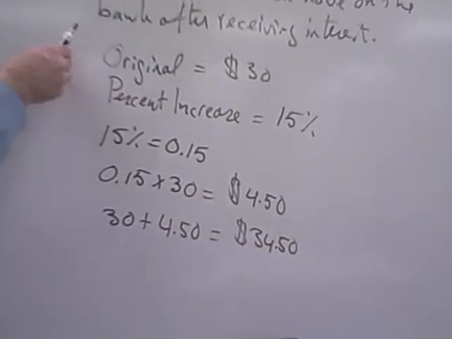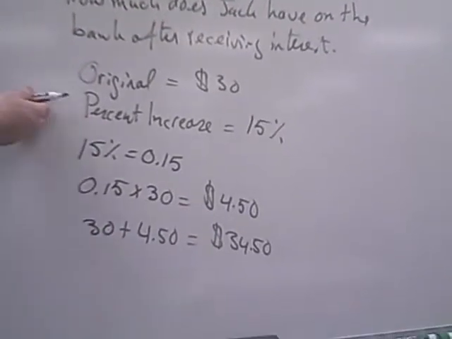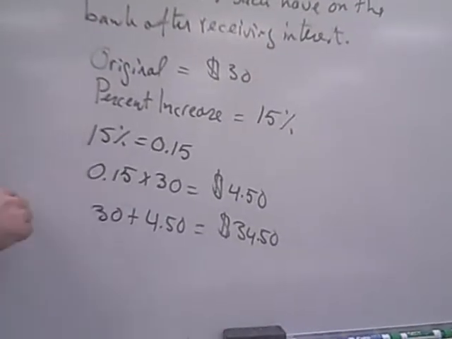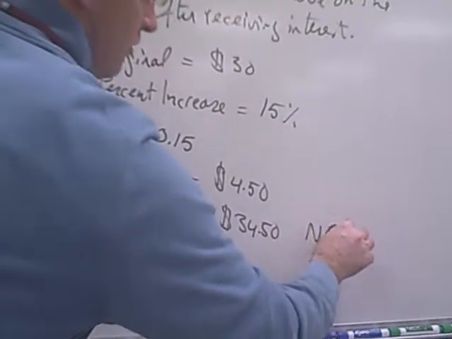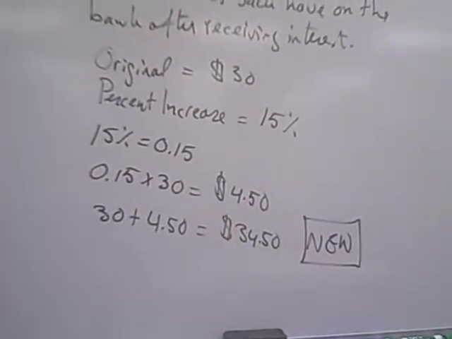This is an example of a problem where I'm given the original amount and the percent increase or decrease. How do I calculate the new? This is the new. So that's the first example.